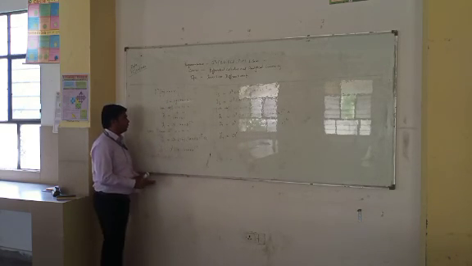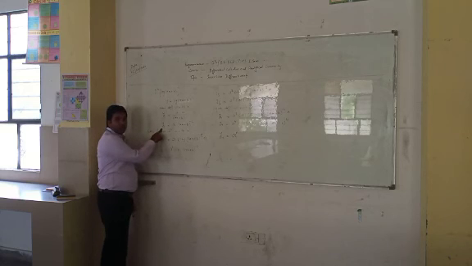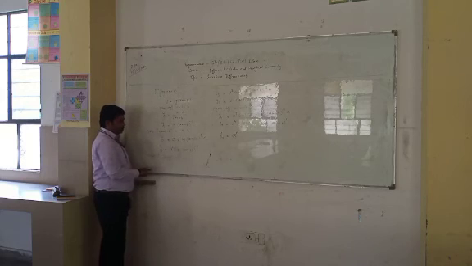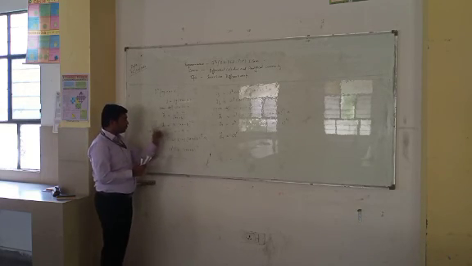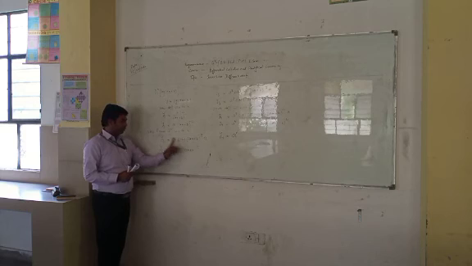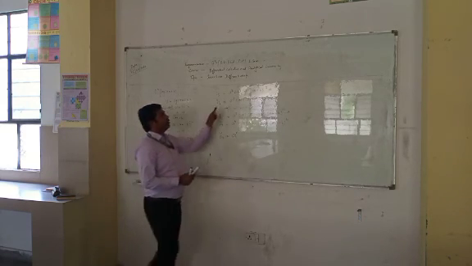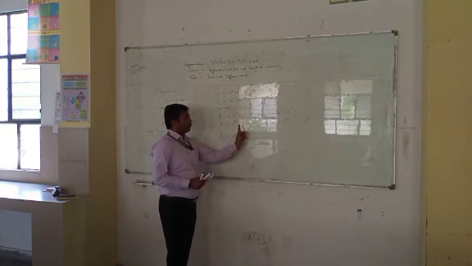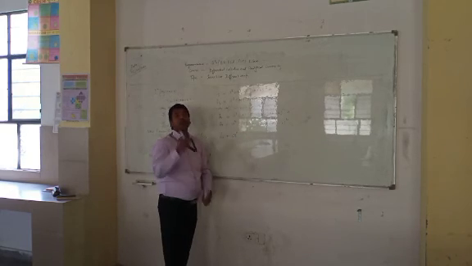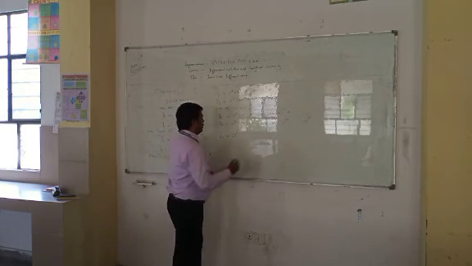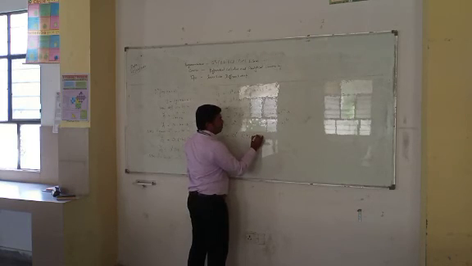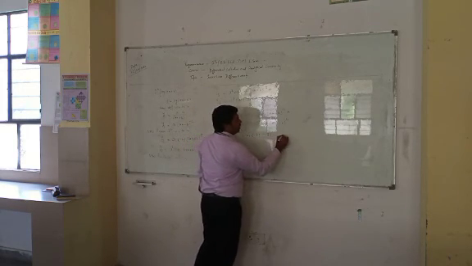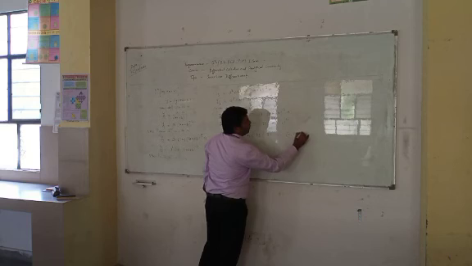Now again, y1, the first derivative of y, is a. y2 has minus 1, y3 has minus 1 minus 2, y4 has minus 1 minus 2 minus 3, and so on, up to minus of n minus 1.